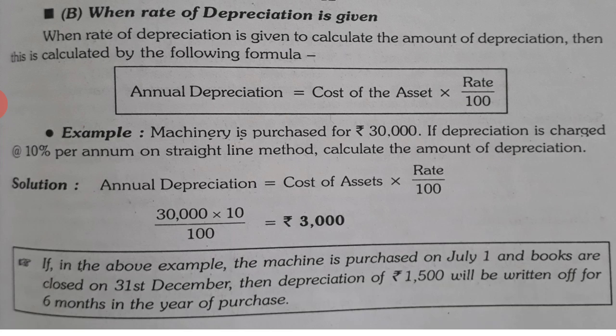I mean to say, if machine is used for 6 months, then you add to this formula multiply 6 upon 12. If machine is used for 9 months, then multiply 9 upon 12. So that will be done. Okay, so this is the formula for the percentage method.